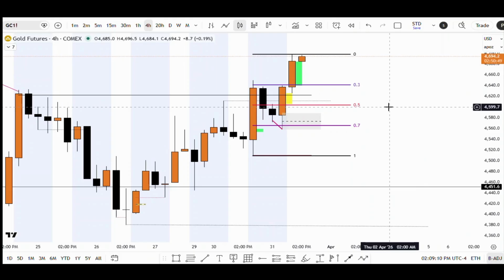When price gets to the 50%, I'm doing absolutely nothing until price gets to the 50%. When price gets to the 50%, now I'm looking for SMT, right? That's the first thing. The next thing I'm looking for is my edge, right? It's the entry, the thing I'm comfortable with at that location.